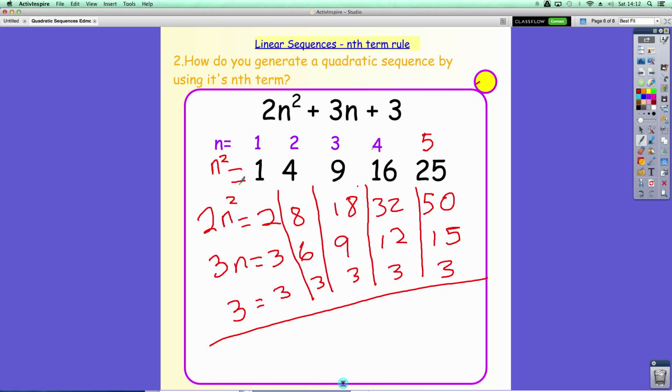And so your final sequence there becomes 2 plus 3 is 5, 5 plus 3 is 8, 8 plus 6 is 14, 14 plus 3, 17, 18 plus 9 is 27, 27 plus 3 is 30, 32 plus 12 is 44, 44 plus 3 is 47, 50 plus 15 is 65, 65 plus 3 is 68.